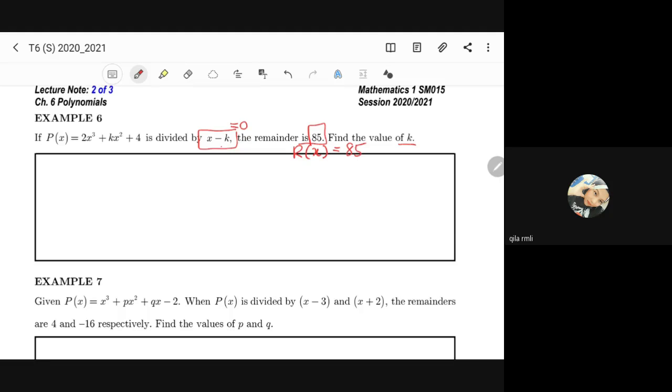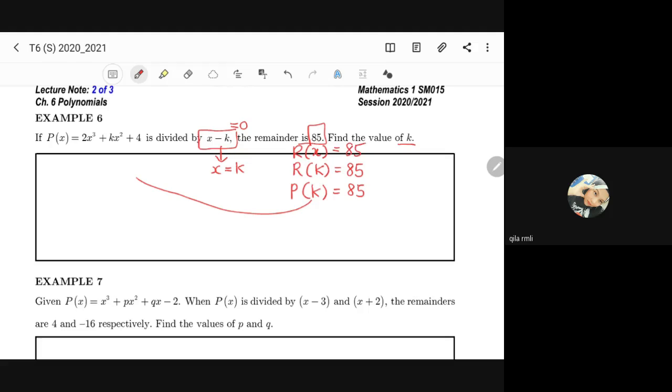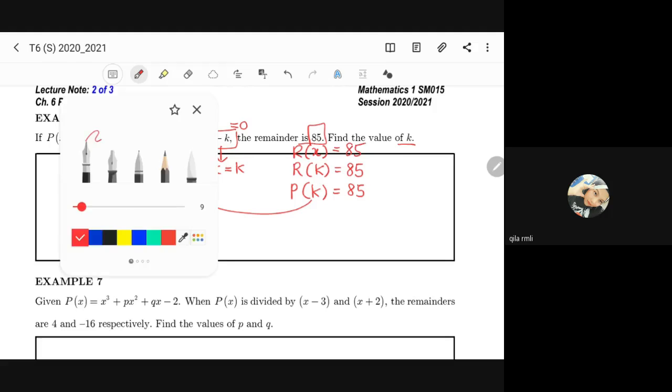So we will get x equals k. Okay, so this is actually R of k equals 85. And we know that R of k is equals P of k.